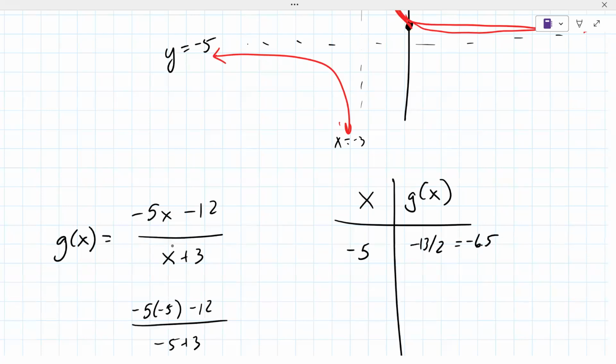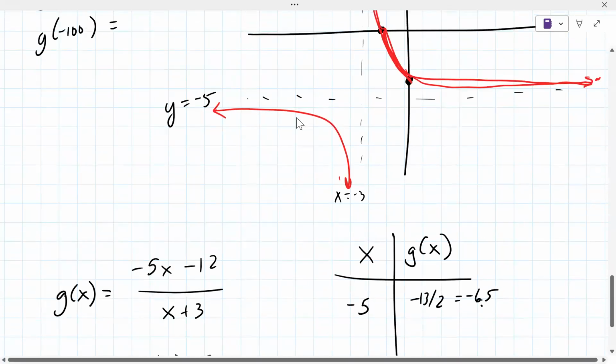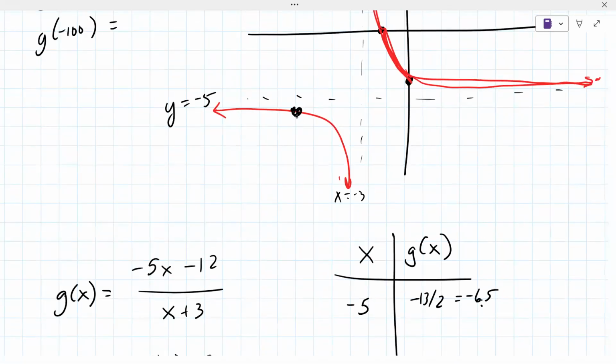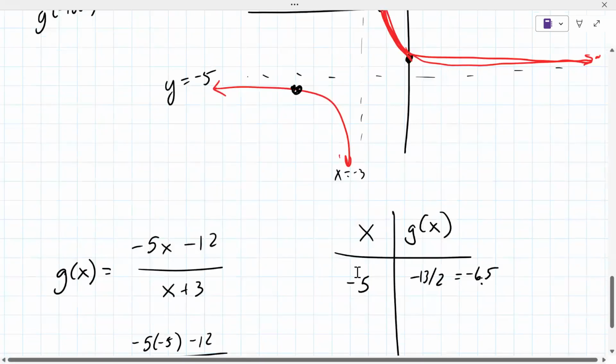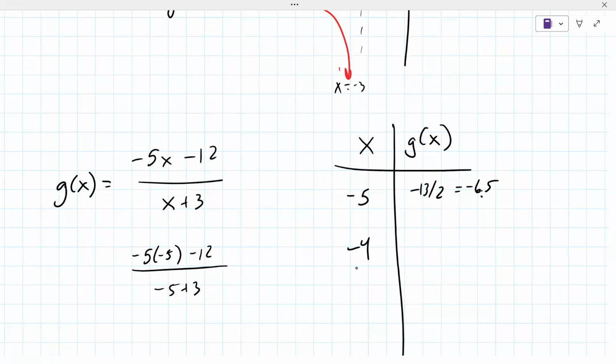Okay, so this is another ordered pair that you can graph on there. Like you need a point and you find, okay, it's down here maybe. And that helps you to figure out where to graph it. You could go like -4. You want to try that for us, please?